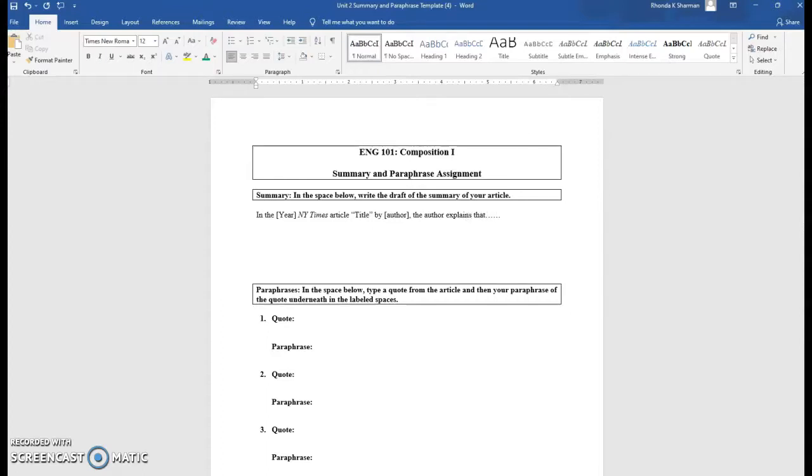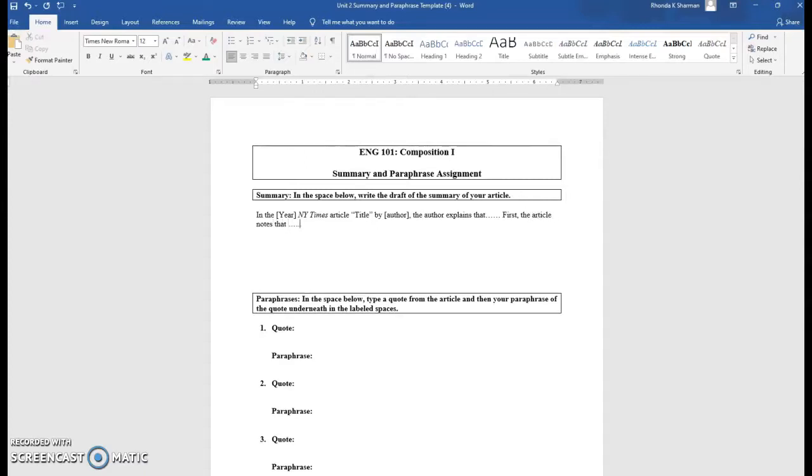Then you're going to use those good signal words to show what was in that article. You are simply reporting what was in the article, not interpreting it or giving your opinion about it. So you would probably use transitions and attributive tags such as, first, the article notes that, and then you would go from there.